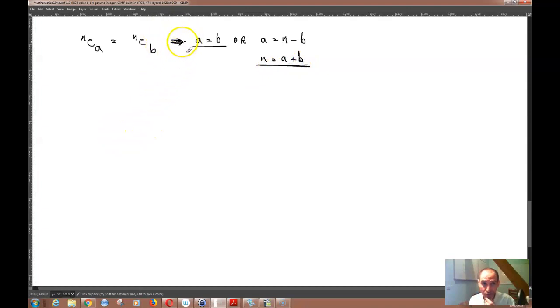Most people do not really understand the meaning of this implication. This implication is not as simple as it seems to be.